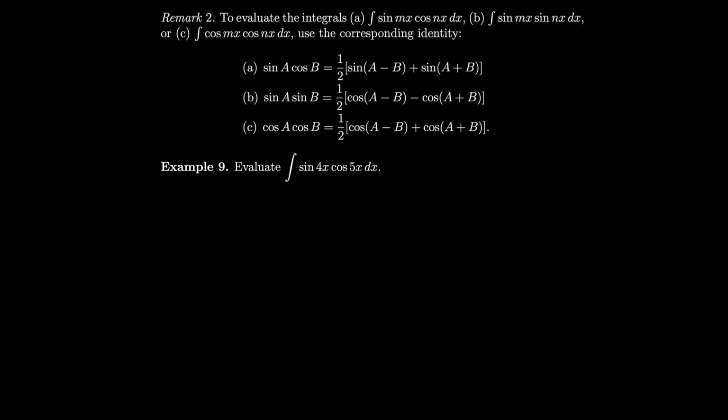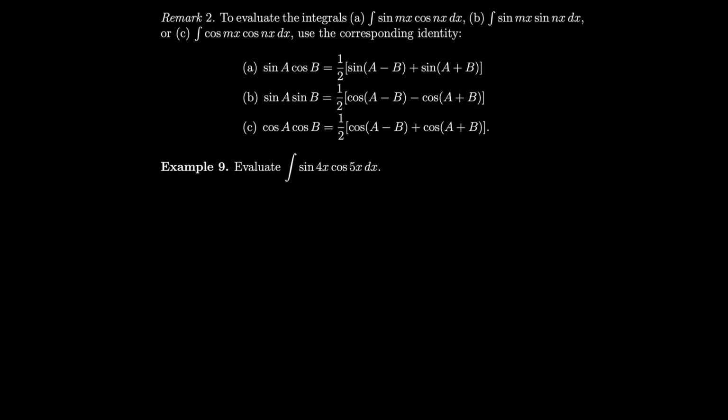Whenever we have these products of sine and cosine of some multiple of x, then we could use integration by parts if we want, but it's a lot easier to use one of these identities. So for example, for this one, I've got sine of 4x cosine 5x. So I've got sine and cosine, so I use the top identity, where a is 4x and b is 5x.